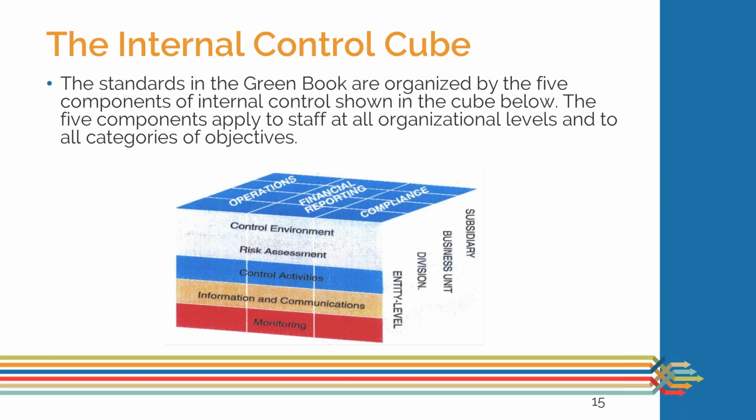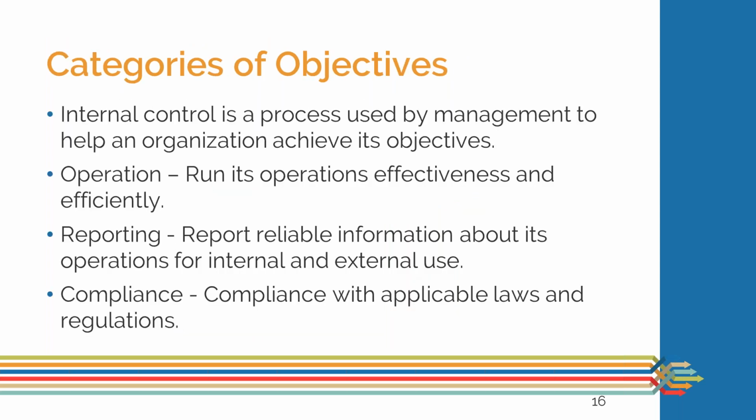So these are the parts that we need to look at as we go through internal control by Green Book standards. The categories of objectives is how to meet your objectives for the organization. And the three components for those objectives are operation, reporting, and compliance. So in operation, it's how you run the operations to be effective and efficient in your organization. Your reporting should be reporting for external and internal use.